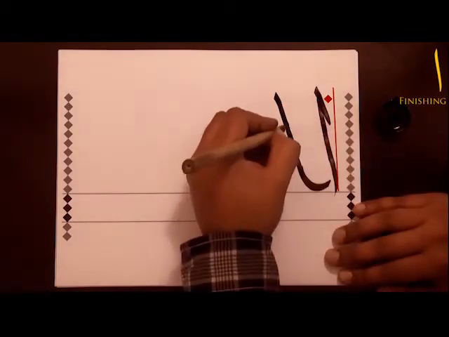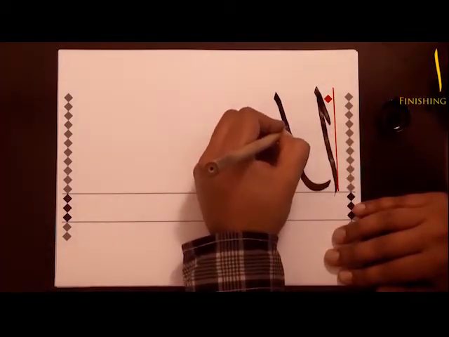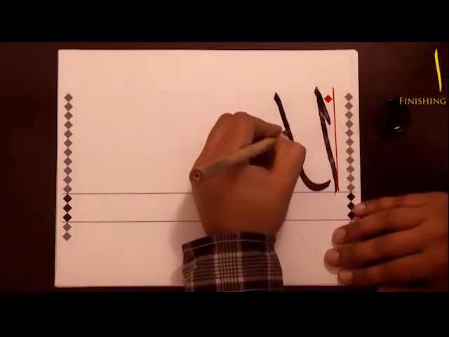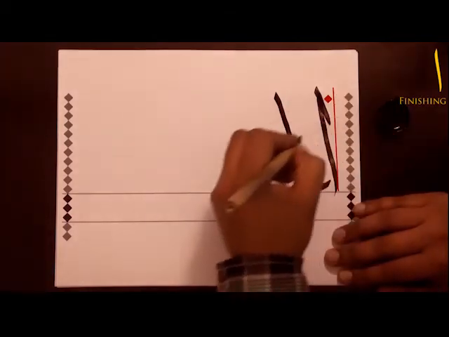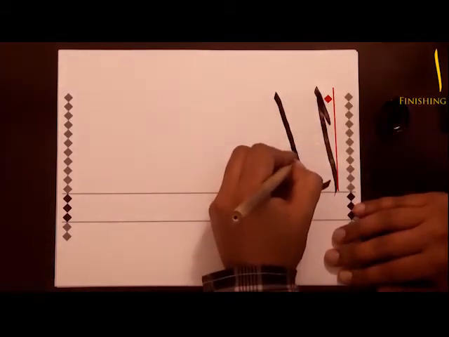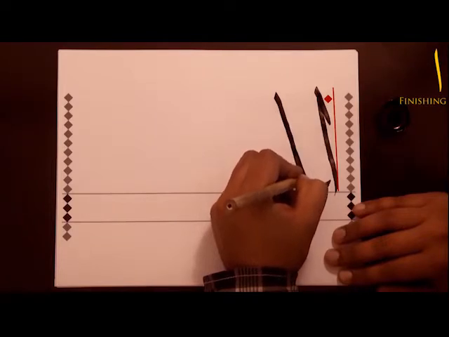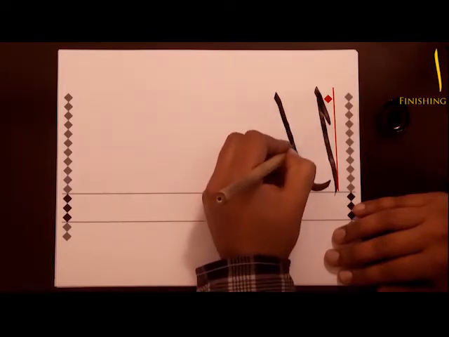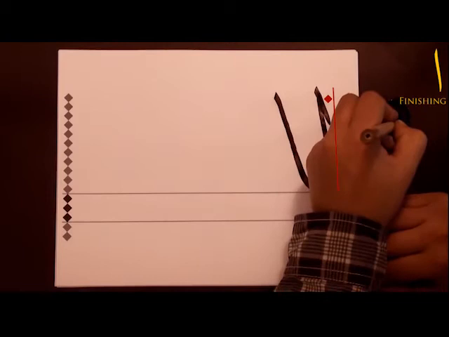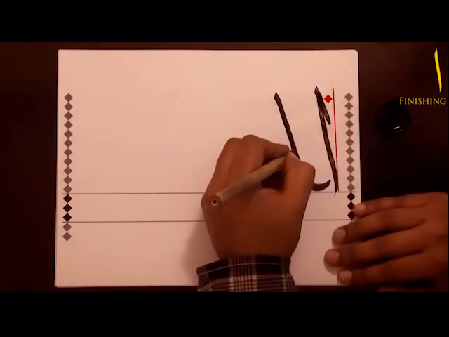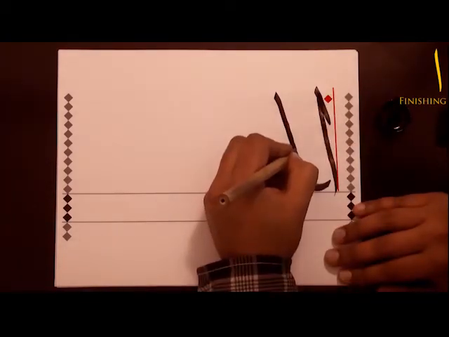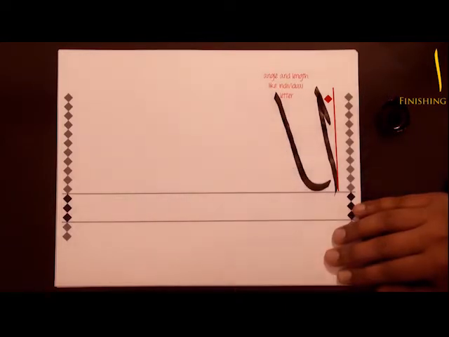And there is the finishing letter Alif. And I'll go ahead and fill up any empty spaces left behind. Now, alternatively, if you would like, you can script the Alifs completely vertical, and that is okay.